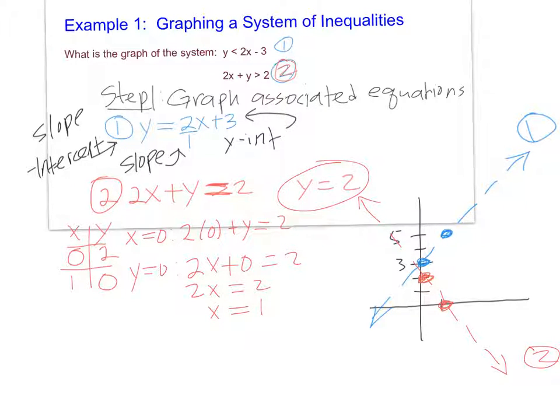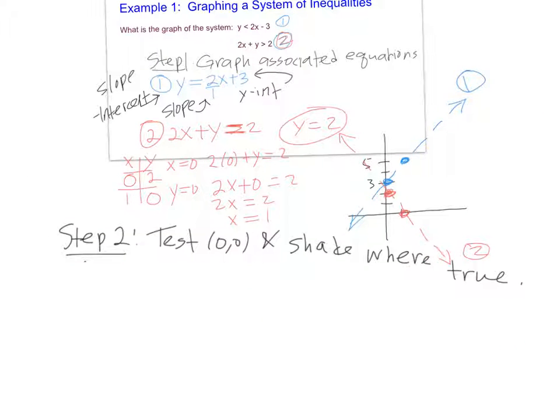Now step 2, which is to test (0, 0) and shade where true. The point (0, 0) means x equals 0 and y equals 0.